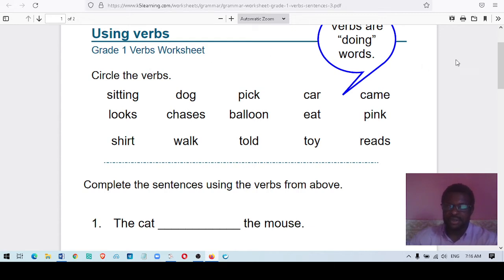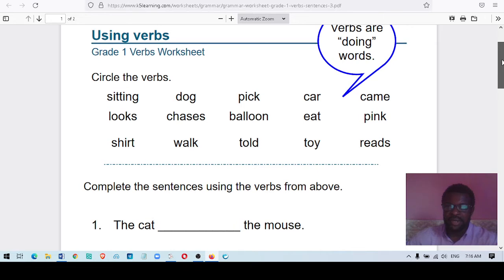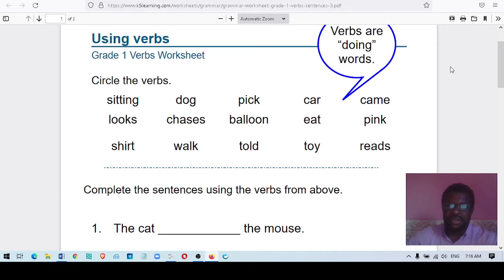verbs worksheet. So today we'll be looking at verbs, which are doing words. You must have heard this 1,000 times. But here we're supposed to circle the verbs. As you can see, sitting is a verb. Dog is the name of an animal. This is a noun. Pick is a verb.